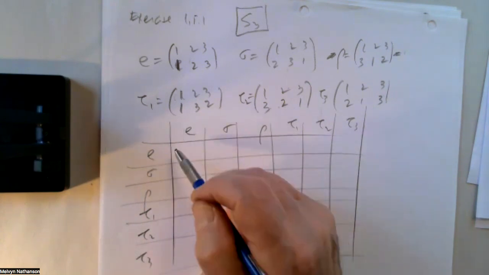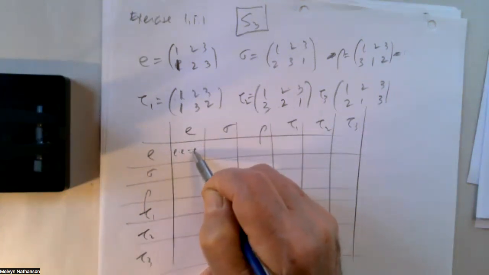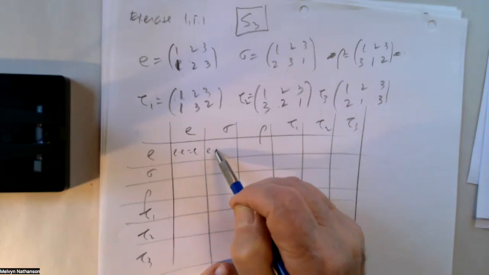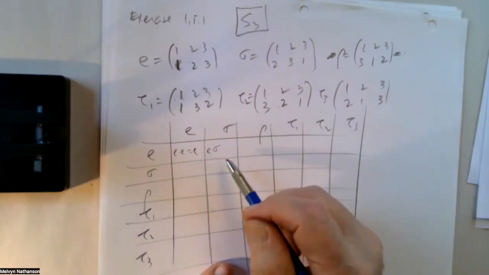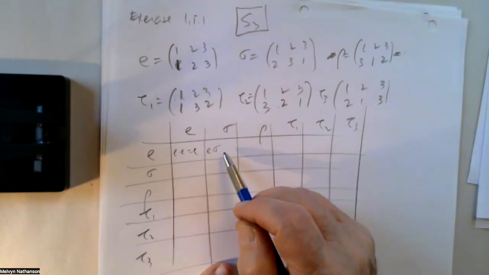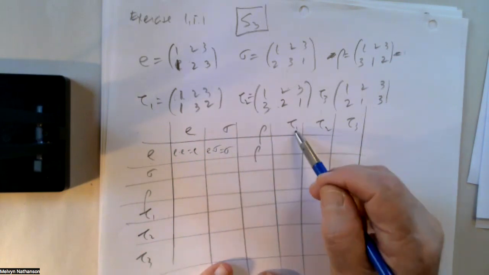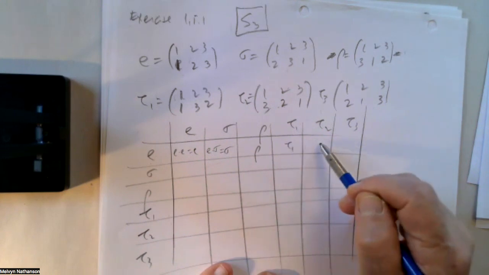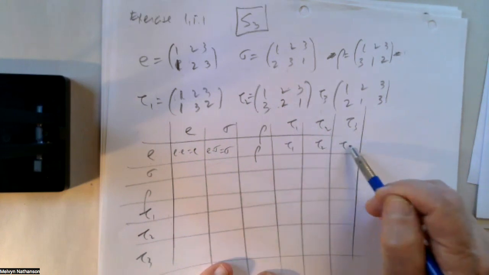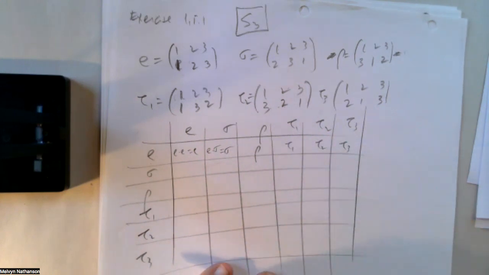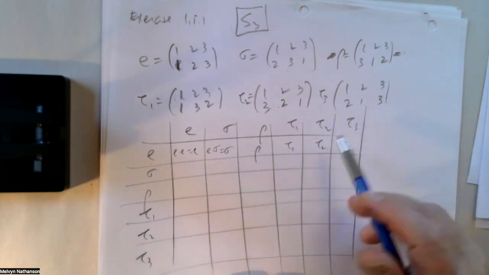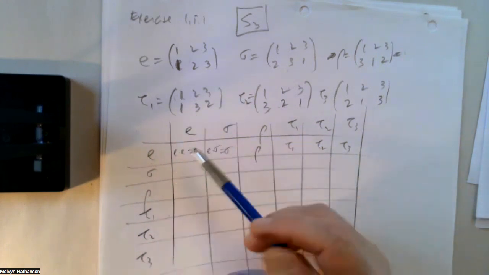So this will be E times E, which is E. This will be E times sigma, but multiplying by E, the identity, doesn't change what you're multiplying. So this is sigma. E times rho is rho. E tau 1 is tau 1. E tau 2 is tau 2. And E tau 3 is tau 3. So the first row is easy to get, and this first column is easy to get.